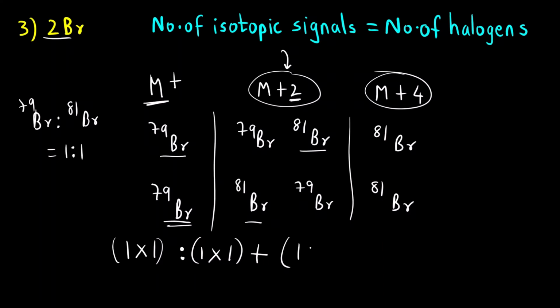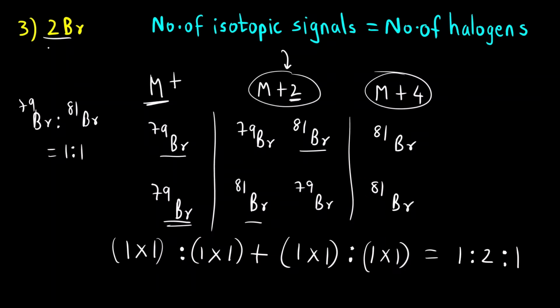Again 81Br is 1, 79Br is 1. Line means you take the ratio. And then the last one, again 81Br is 1 into 81Br is 1. So this is the ratio. 1 into 1 is 1. 1 into 1, 1. 1 plus 1 is 2. So 1:2:1.